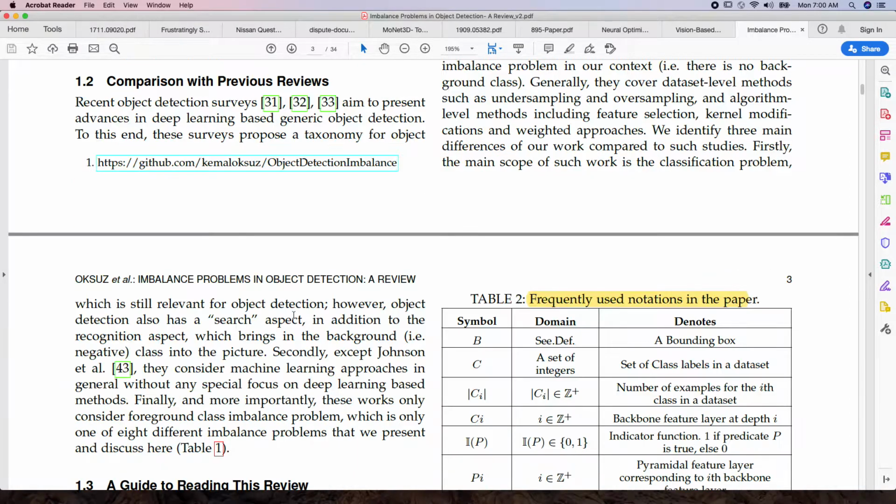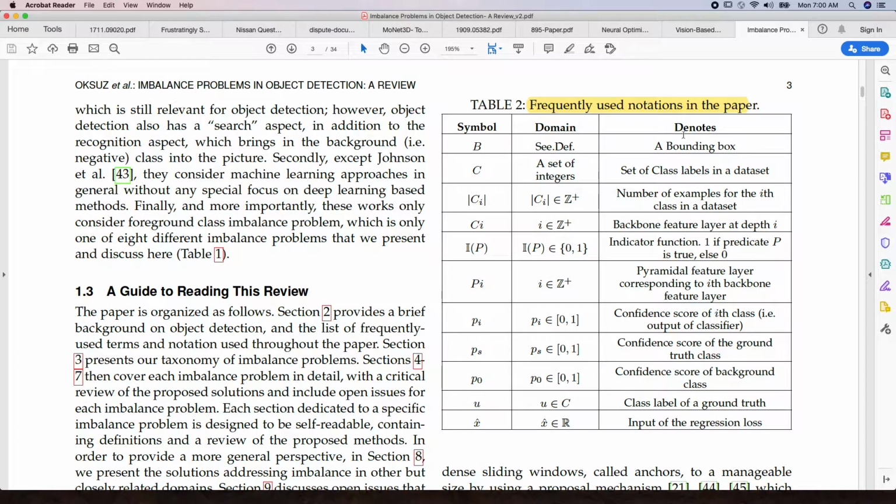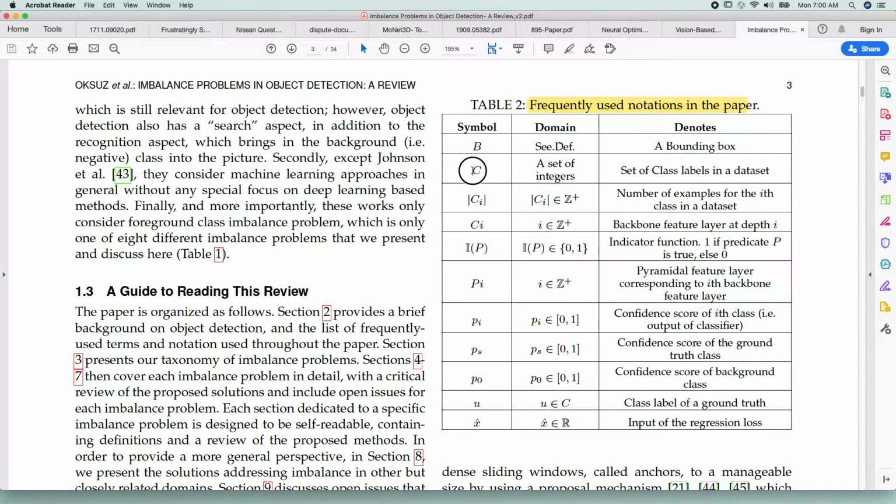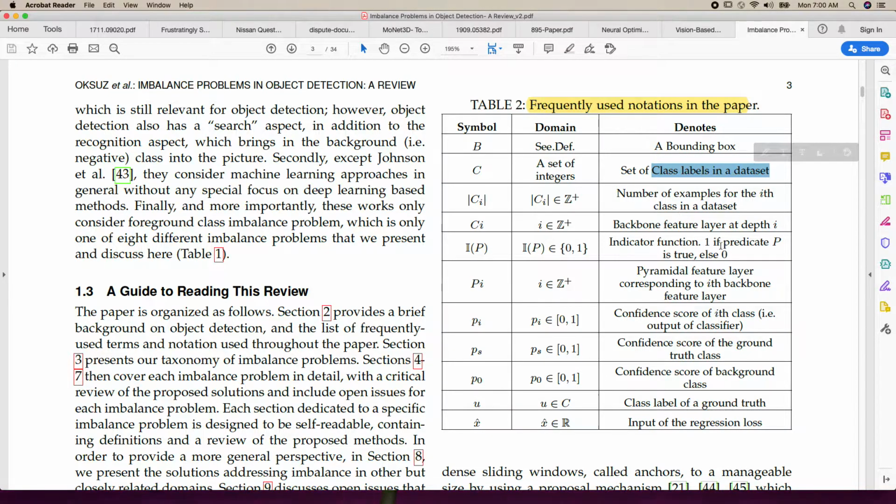Now, some of the frequently used notations in the paper, as you can see from the symbols. B represents the random box, and C represents a set of class labels in the data set, say for instance class 1, class 0.